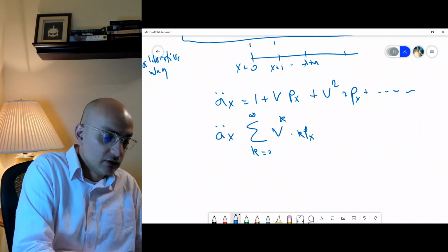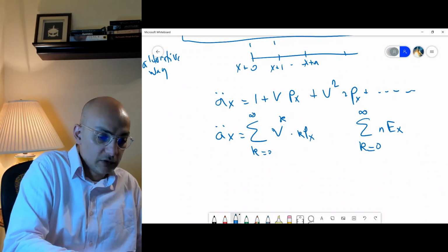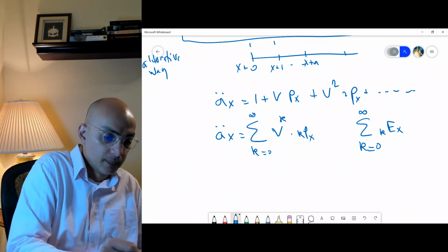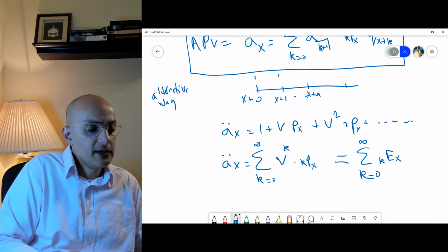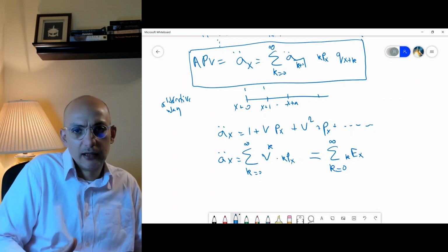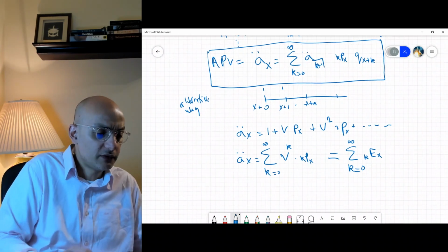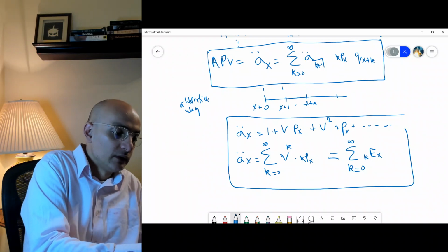This can also be written as a summation from k equals 0 to infinity. All of them give you the same notation. We'll see how we do that in calculation.